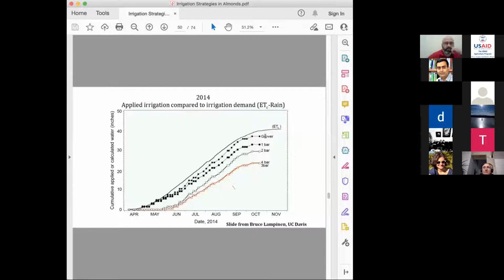The grower was meeting the full evapotranspiration demand very closely. And then when they applied irrigation 1 bar below, 2 bars, 3 or 4 bars below the actual baseline, you see the total consumptive water use reduced to the early 20s if you continuously applied this much water.